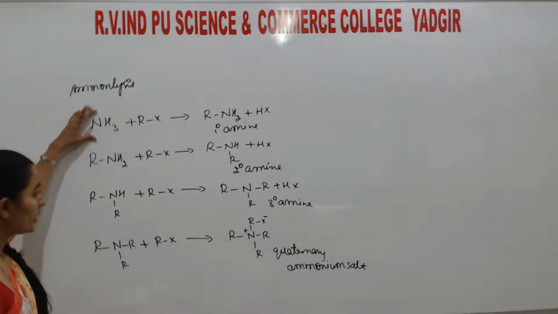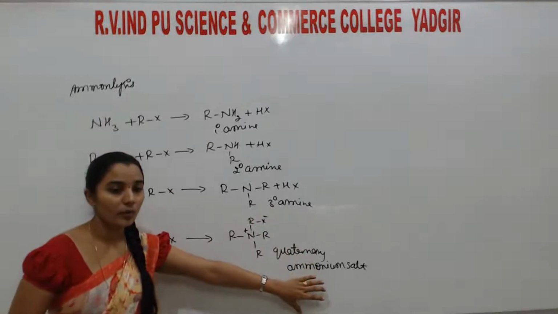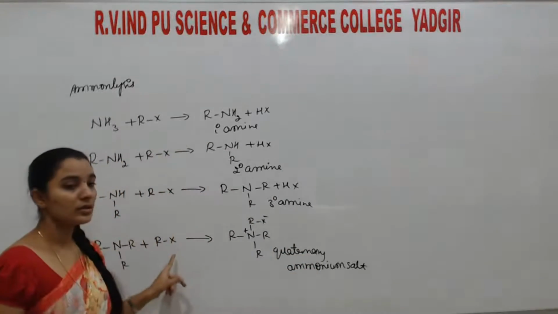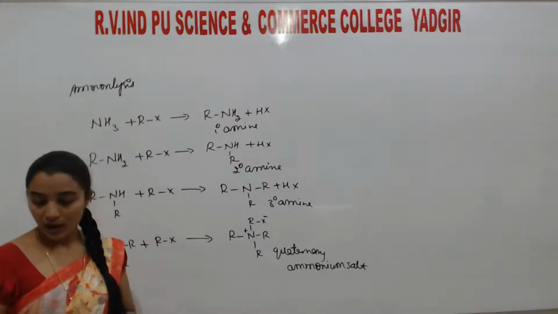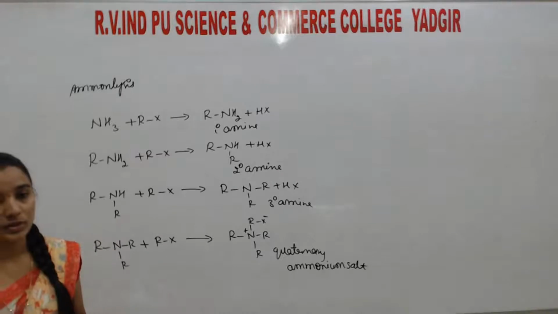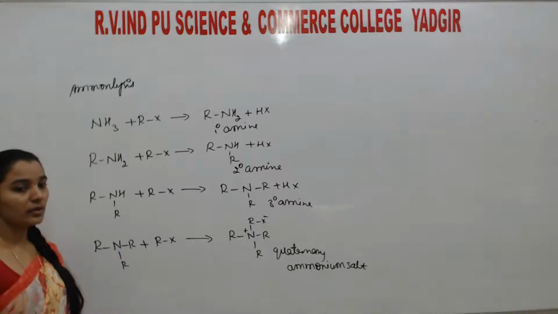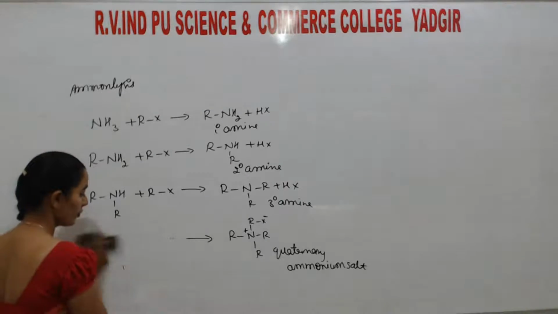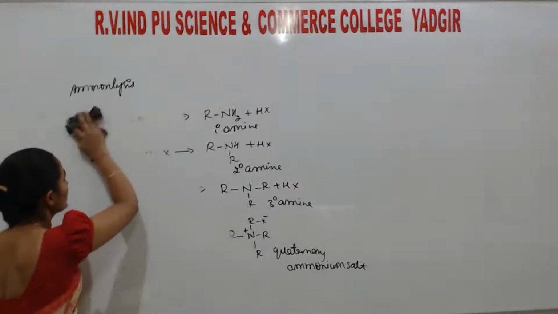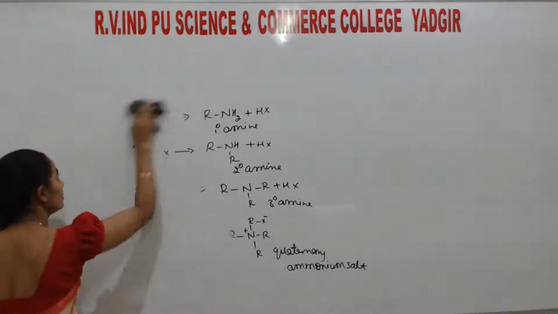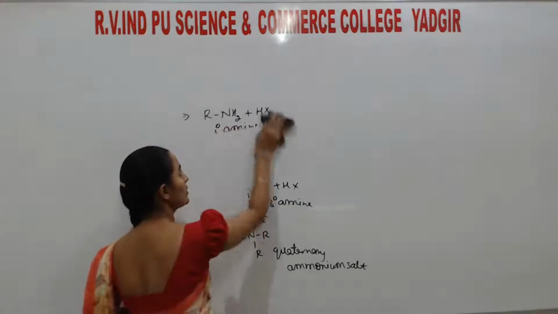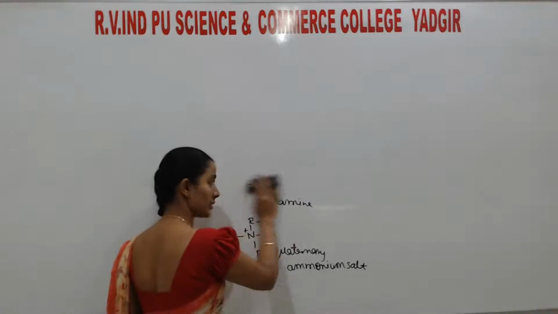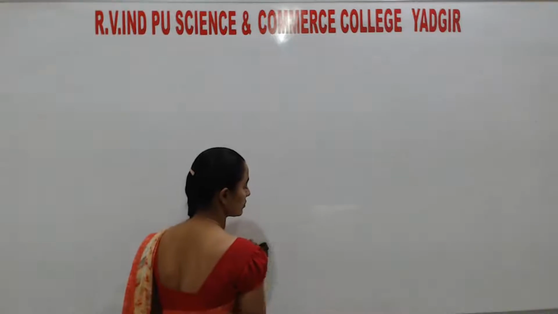This reaction is also present in the alkyl halide chapter, already explained; if you want, you can check. They won't give much importance to these two reactions, but this year there may be a chance of asking these, as I told you, because the syllabus is reduced.